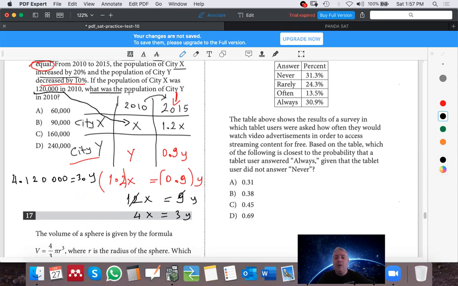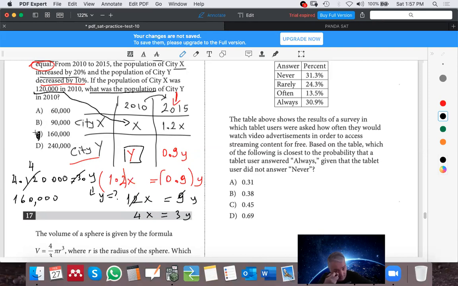Let me read. What was the population of city Y in 2010? It was Y, and it means the question is, find Y. How can I find? 3 is divided by 3, 1. 12 is divided by 3, 4. 4 times 4, 16. How many 0s? 1, 2, 3, 4. So the result is this.